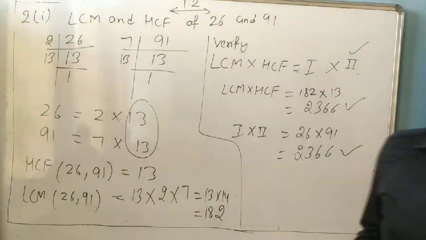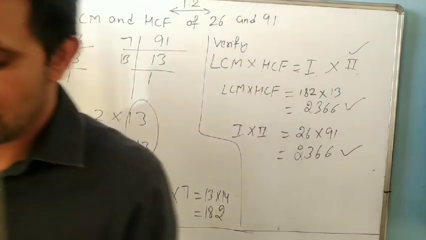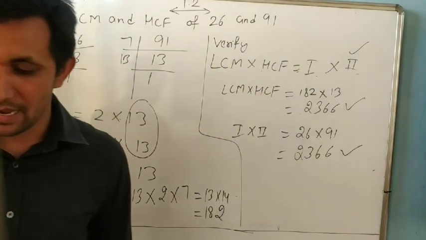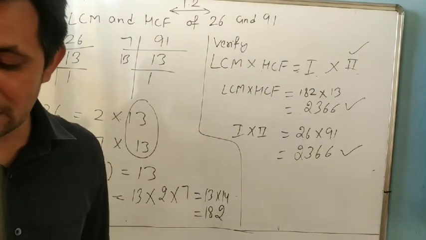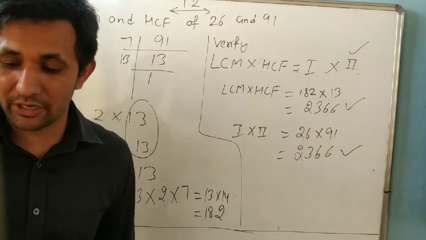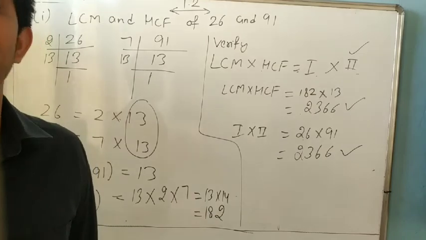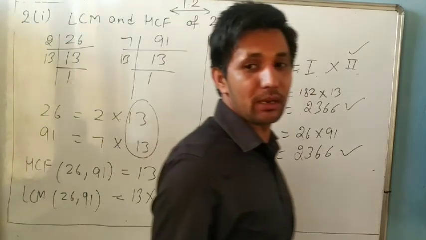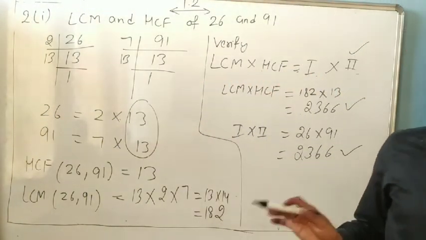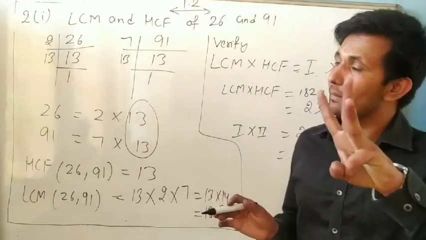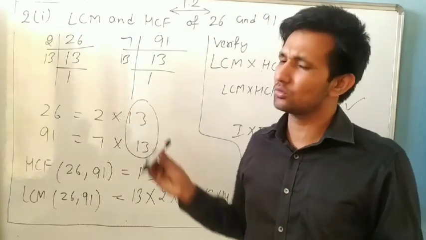So question number 1 you will do yourself. Question number 2 and question number 3 also. Only in question number 3 you have to find LCM and HCF by prime factor, already given in the question. Here 3 numbers are given, here only 2 numbers. So don't worry.